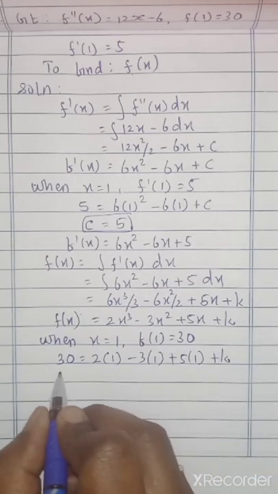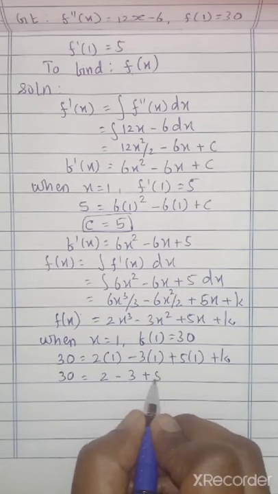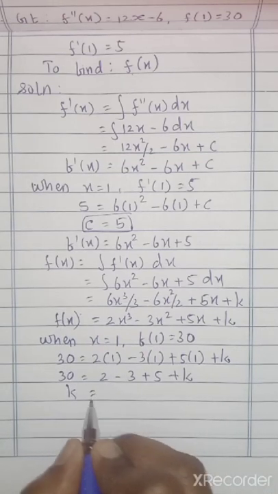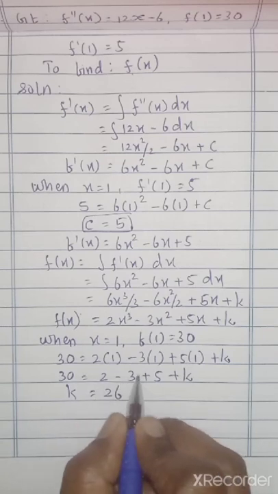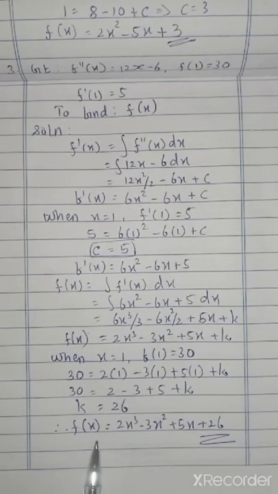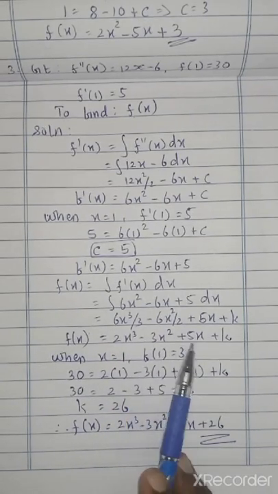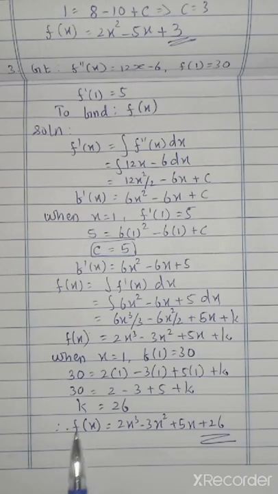So 30 equal to 2 minus 3 plus 5 plus k, and if you cancel you will get k equal to 26. 1 minus 1 is 4 on the other side, minus 4, so 26. Therefore f of x equal to 2x cube minus 3x squared plus 5x, and instead of k what do you have to substitute? 26, plus 26. This is your final answer. We got the f of x value.